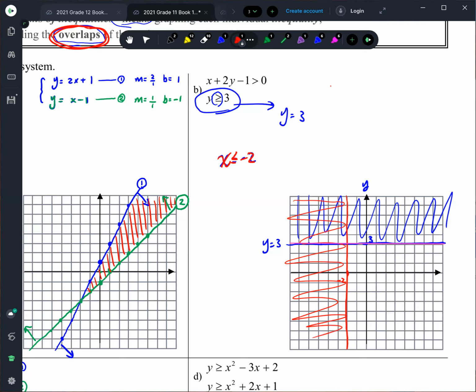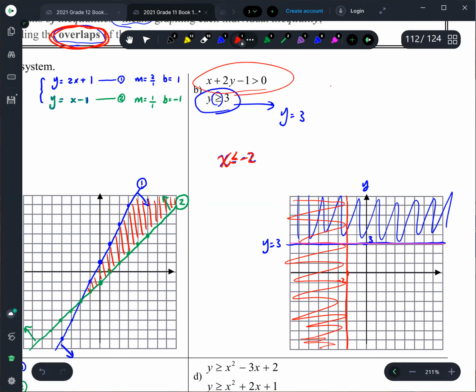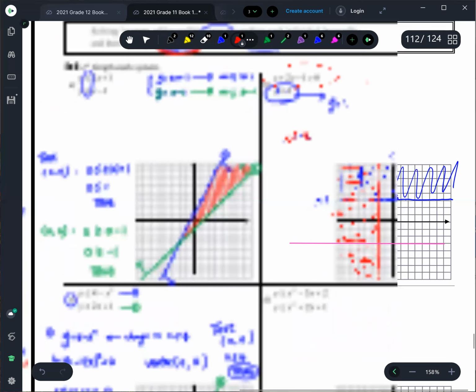Less than means to the left side. So for this one, the overlap will be the top left corner. Of course we also have the first line, we didn't do that. This is just an example of the special one.